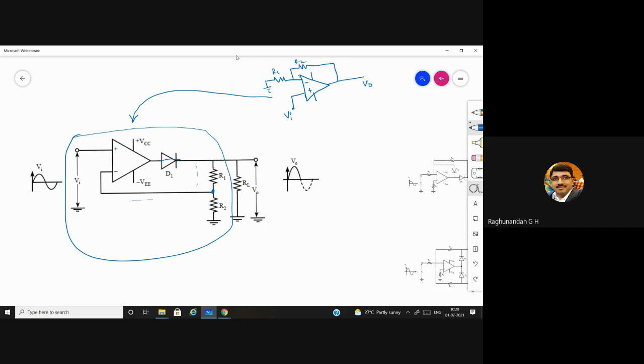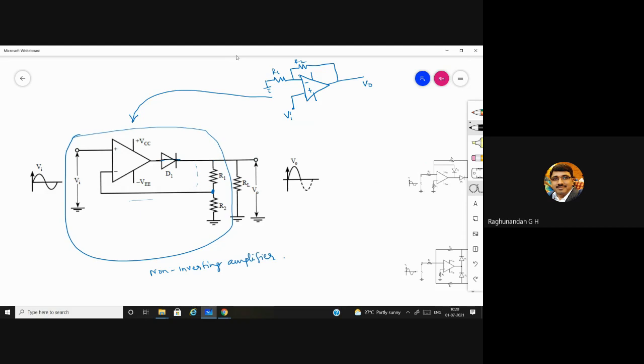Negative terminal is given with R1, R2. So this is going to behave as a non-inverting amplifier whenever we make the diode forward biased.